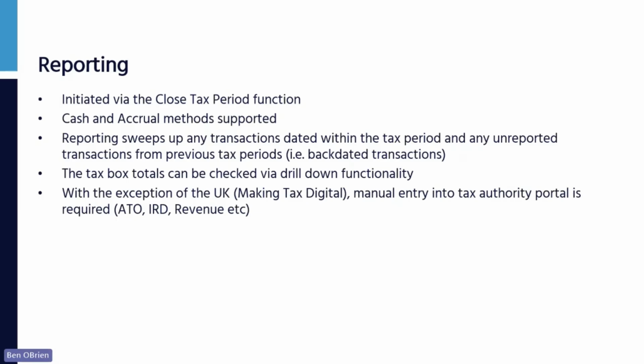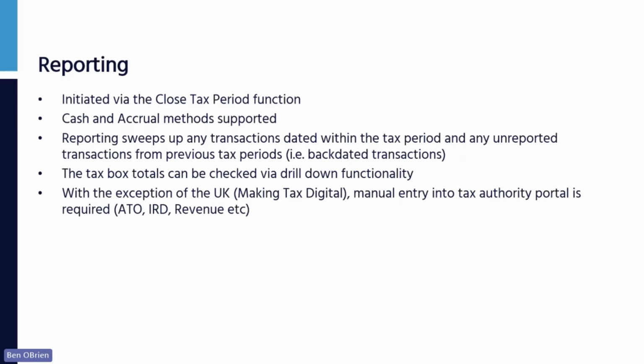Essentially, the way that it works is that the system will sweep up any of the transactions within the tax period that you're closing and any backdated transactions that weren't reported from previous tax periods. So if you complete the previous tax period and then you backdate a transaction into a date range that would have naturally been reported in that tax period you've just closed, then that transaction will be reported in the next tax period.